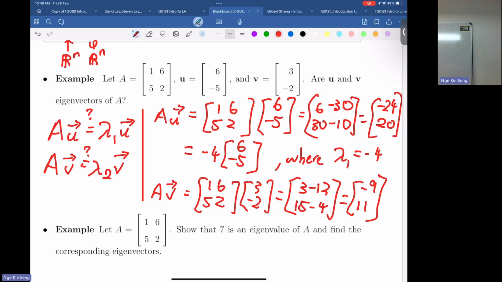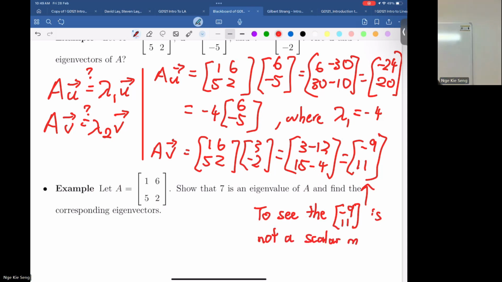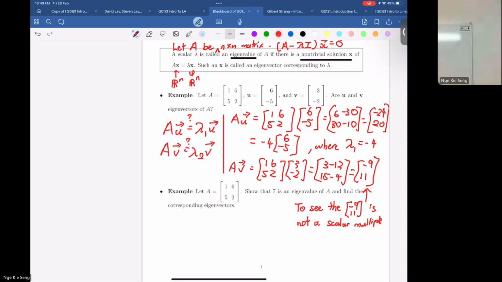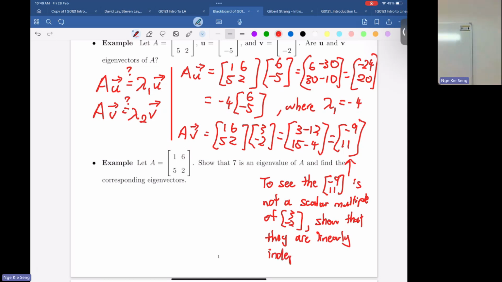Meaning, if you try and row reduce 3, minus 2 and nine, 11, you can go back and show yourself that minus 9, 11 is not a scalar multiple of 3, minus 2, so that they are linearly independent.